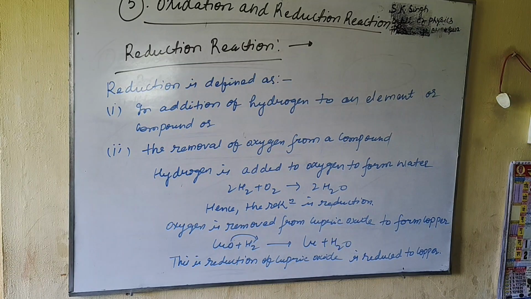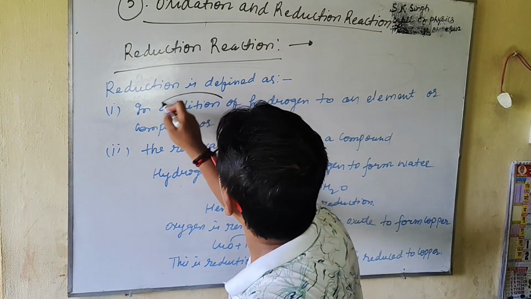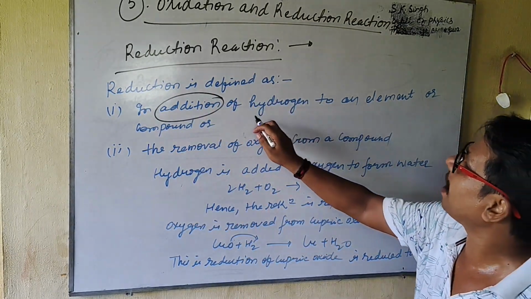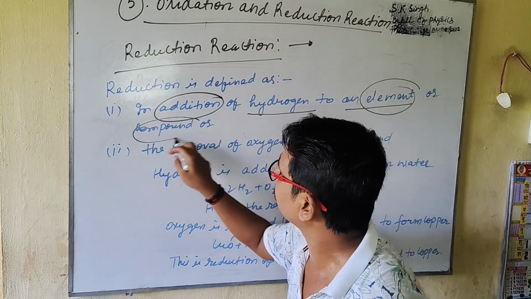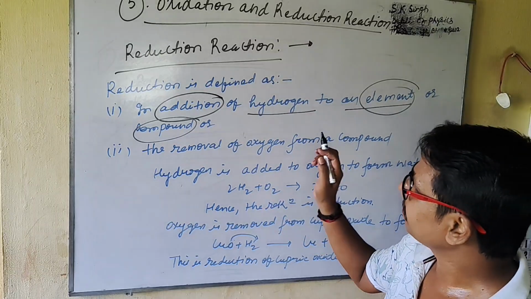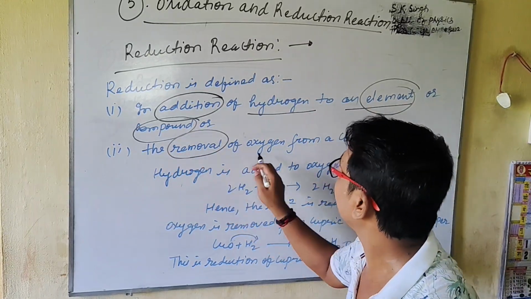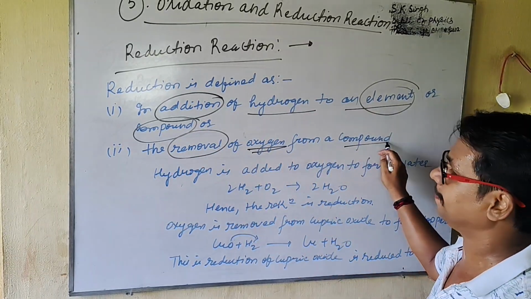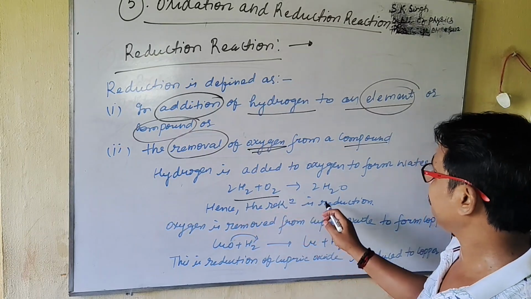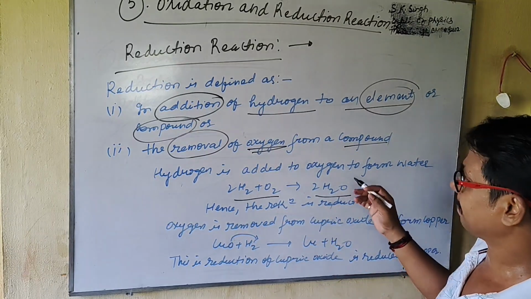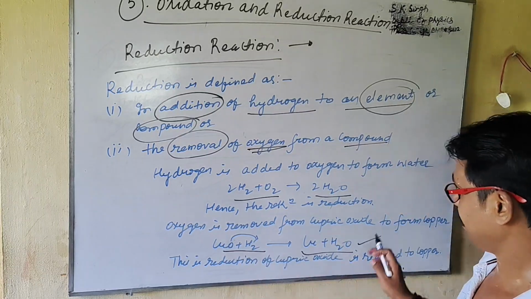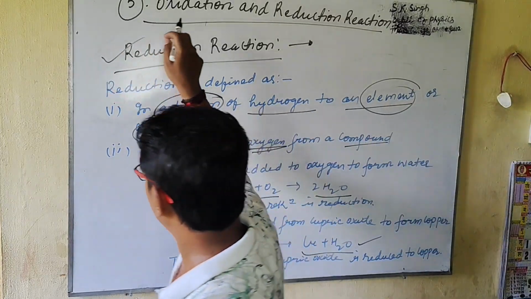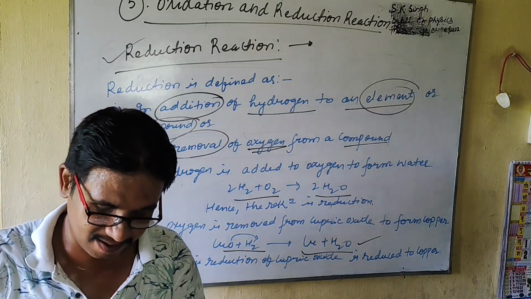In a reduction reaction there is the addition of hydrogen to an element or compound, and in the second part the removal of oxygen from a compound, like 2H2 plus O2 giving 2H2O, which is the addition of hydrogen, and the removal of oxygen in cupric oxide. So this is all about the oxidation and reduction reaction.